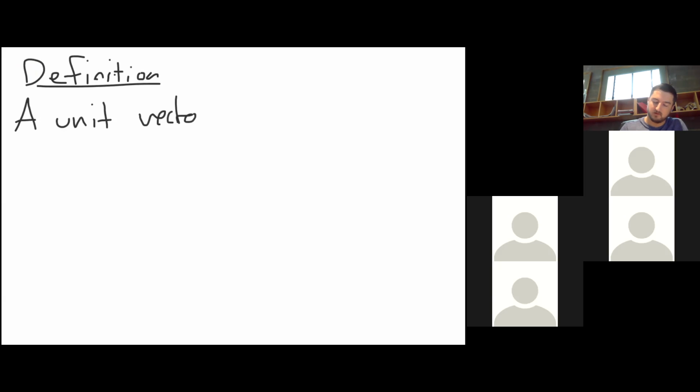But, whoops, I don't want to write in green. So another definition, another term that we're going to use, and that's needed for when we're trying to build up that nice way to diagonalize matrices. The definition is that we have something called a unit vector. A unit vector is a vector with a nice special property.